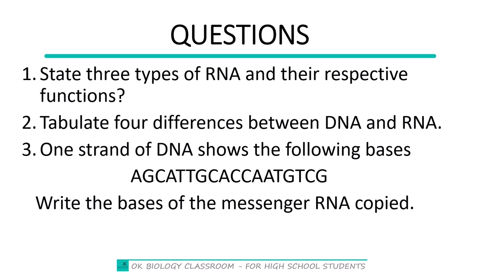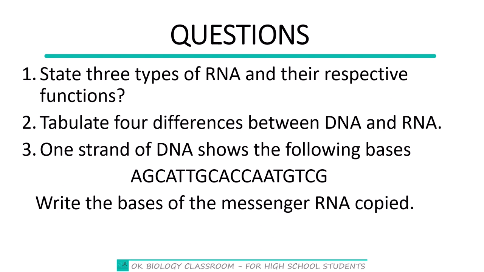Then the third question says that one strand of DNA shows the following bases: A, G, C, A, T, T, G, C, A, C, C, A, A, T, G, T, C, G. Now, unlike the previous lesson, where we were looking at the complementary code of the nitrogenous bases on the DNA molecule, this time we are going to look at the information that the messenger RNA will copy from this DNA.